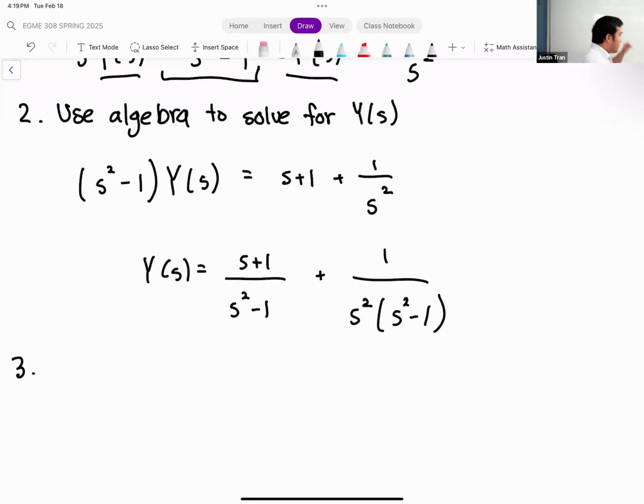So we've used algebra to solve for our solution Y in the Laplace domain. Finally, step 3 is to take the inverse Laplace of this expression, which gets us our solution in the physical domain.